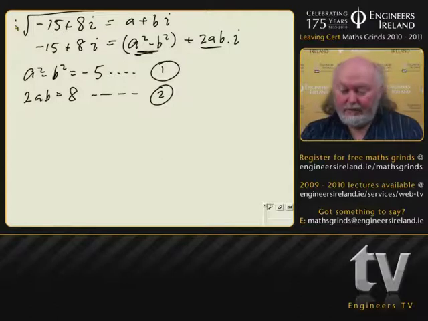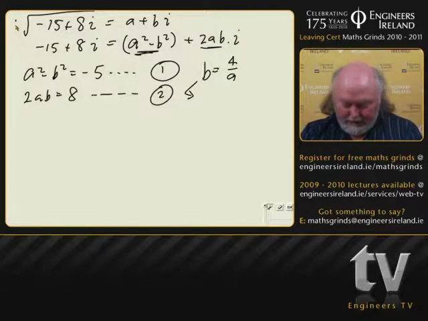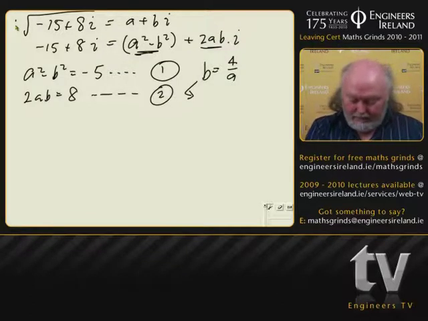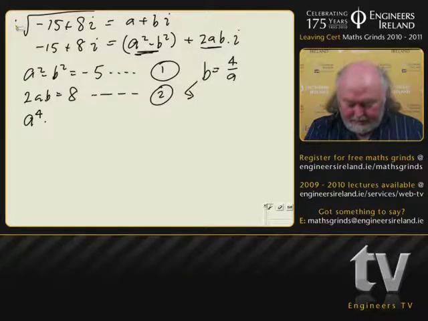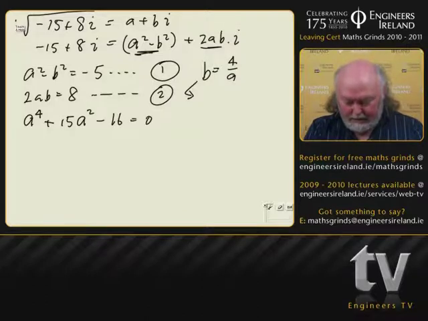Now what we will find from this is that b is equal to 4 over a, which then implies that we get to substitute it in to equation 1, and you'll get a to the 4 plus 15a squared minus 16 equals 0.